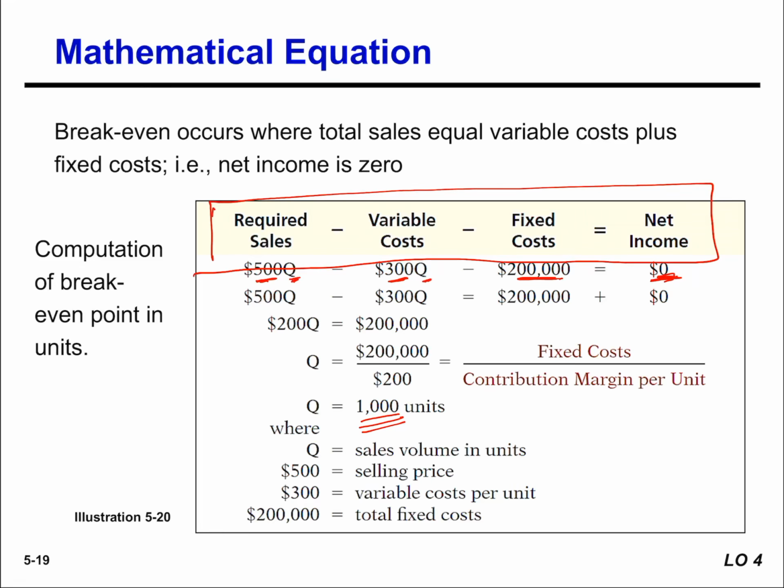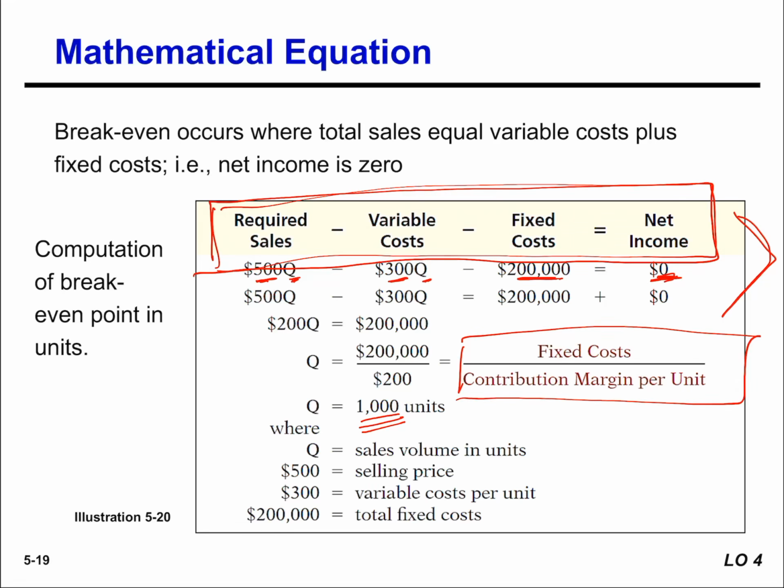Now notice that I started with this initial equation up here, but when I ultimately get down to simplifying the equation, what I'm really doing is taking my fixed costs divided by my contribution margin per unit. So in the book, they actually give you both of these equations, but hopefully looking at it like this will show you how you can easily get from one to another. One is just more common sense: sales minus variable cost minus fixed cost gives you net income. The other is the more simplified approach, but they get you to the same point.